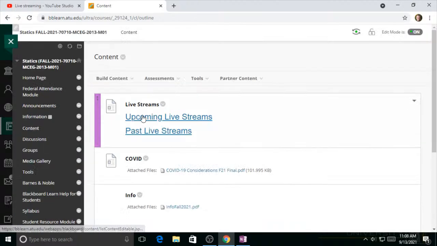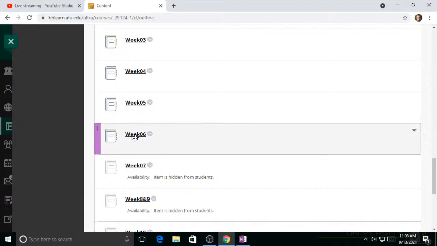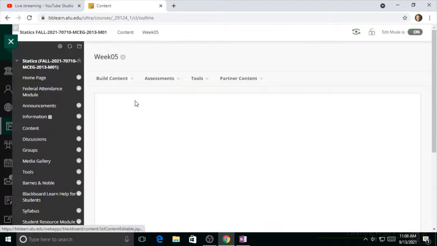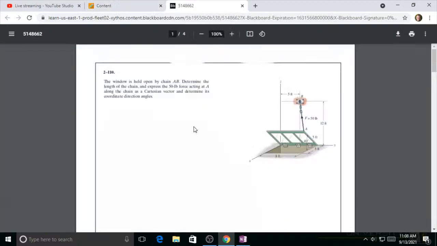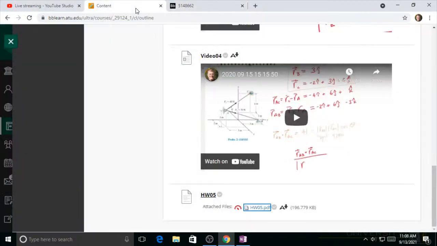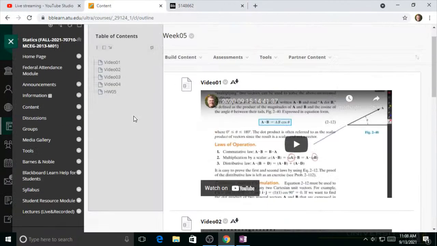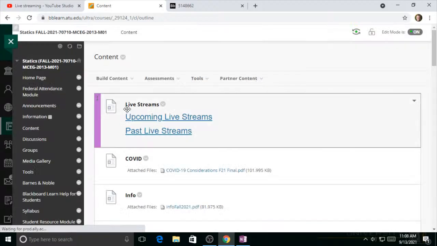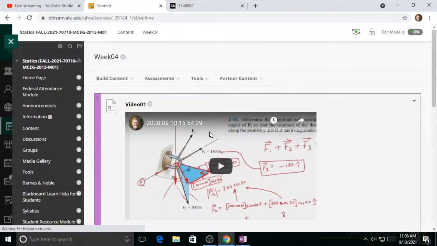Okay, content. Oh, I'm in content. Okay, I can't remember which week's problem I was working on, so I'll just go to it and see. I hadn't done that one yet, so let me go back a page. That was 5, so let me go to 4. I might have completed 4. I don't know.